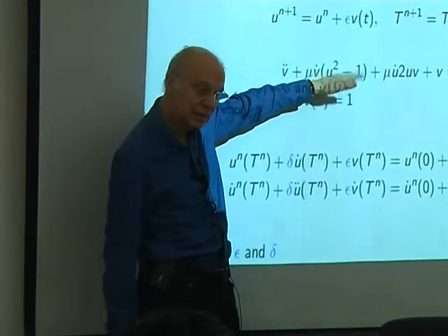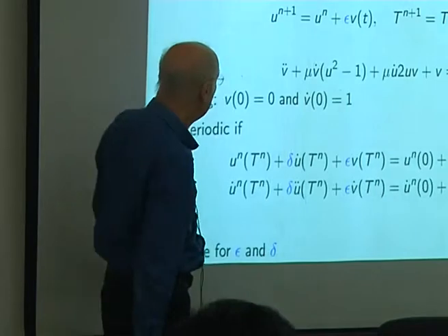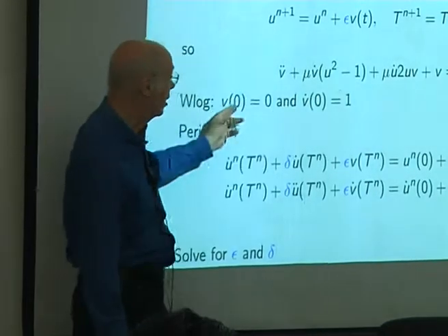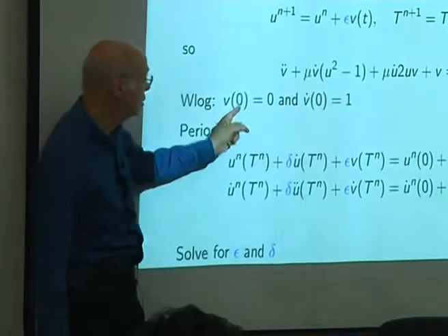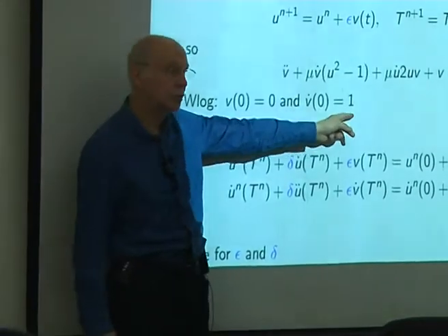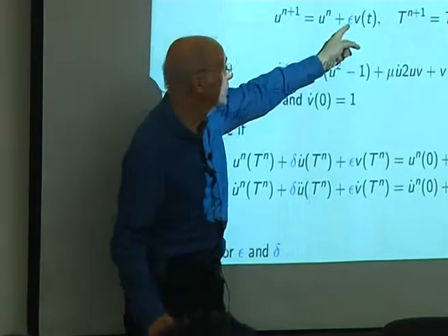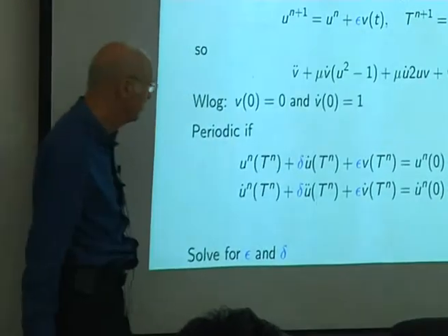So this is the Jacobian, and I can arbitrarily start the solution for the little perturbation as starting with 0 amplitude and velocity 1, because it's all in the normalization of how big is epsilon.